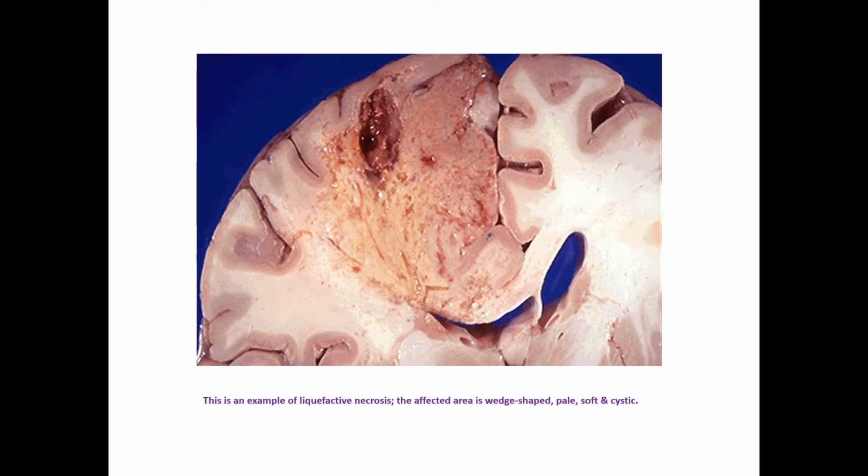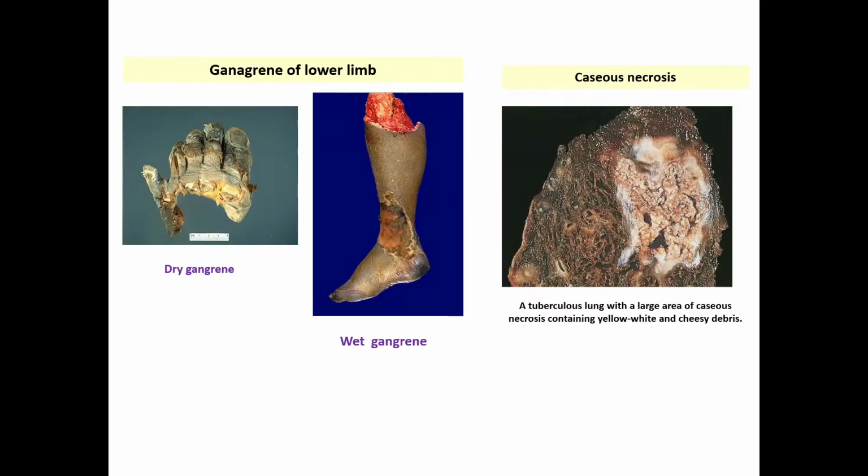In the upper margin of the brain, there is sloughing of the brain tissue or parenchyma due to the liquefactive action of the bacteria that liquefy the debris and the damaged cells, and during sectioning it is sloughed out, leaving this excavation, a cystic space or cavity inside the brain tissue.